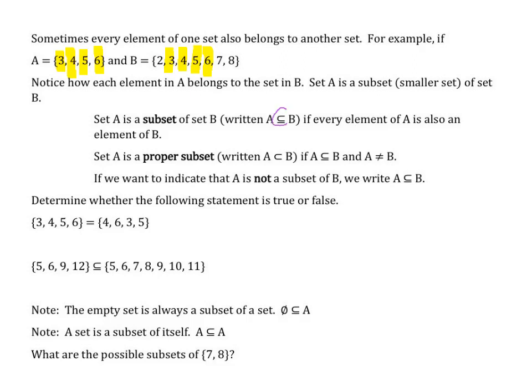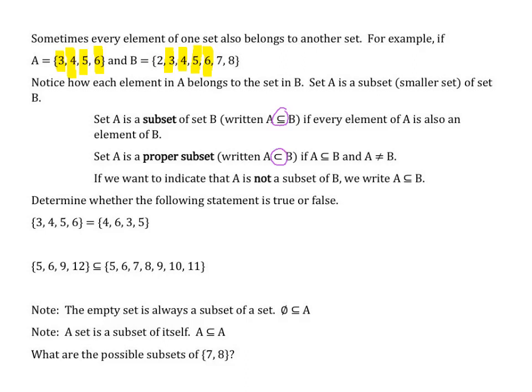So using the little symbol here, A is a subset of B if every element of A is also an element of B. Set A is a proper subset of B. Notice it doesn't have the little line underneath.